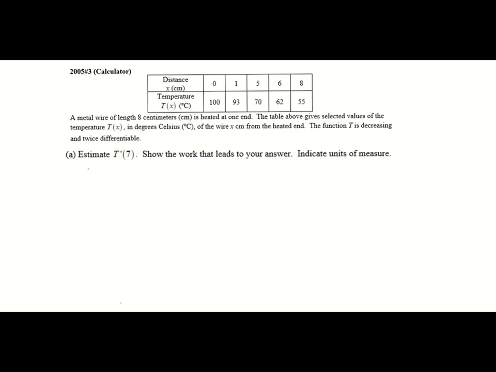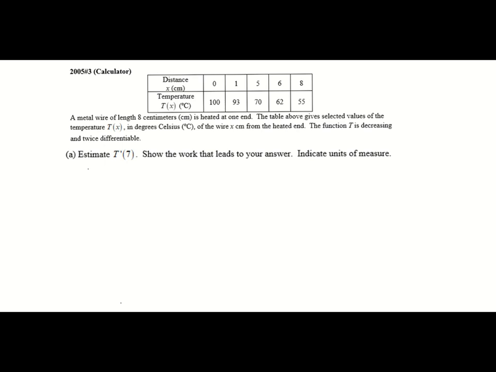And this table tells us, okay, if you're 0 centimeters from the heated side, so you're like on the heated side, the temperature is 100 degrees. Then as you move down the wire, 1 centimeter, 5 centimeters, 6 centimeters, 8 centimeters away, the temperature is lower as we increase the distance from the heated side.